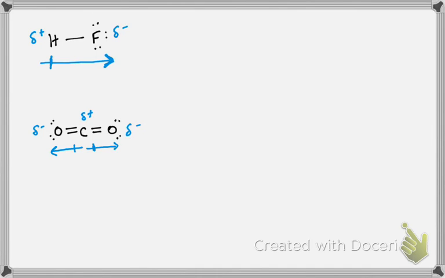So we're going to say, in this case, there's no net dipole, because those dipoles cancel. And because of that, we're going to say that CO2 is a nonpolar molecule.